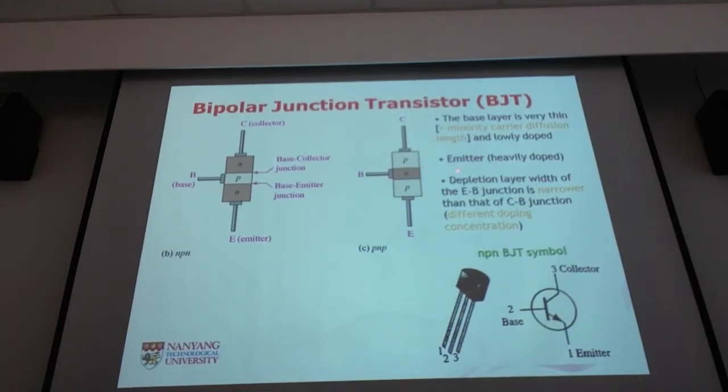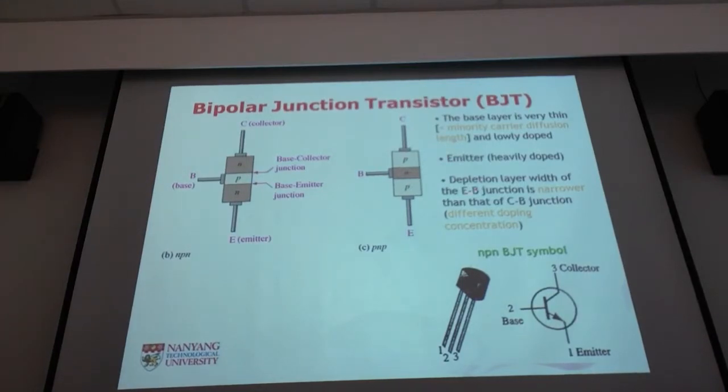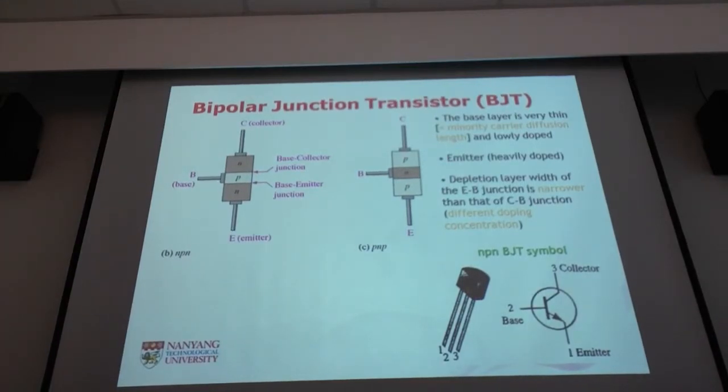And the emitter, we have to have it as a heavily doped part, so that enough carriers will be injected. And also the depletion layer of EB, which means the emitter with the base, is narrower than here. This is done by the different doping concentration, of course.